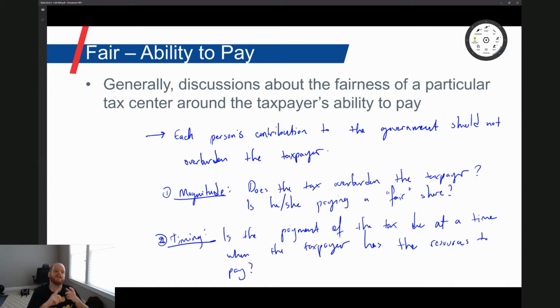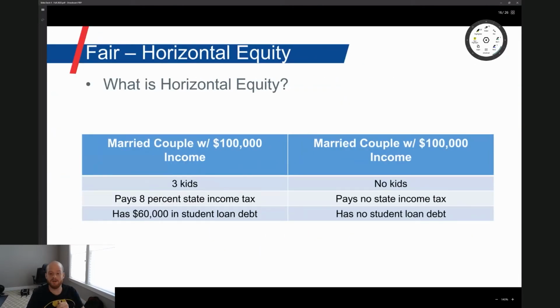Now, we said that a fair tax should take ability to pay into consideration. It should promote horizontal equity as well as vertical equity. So what is horizontal equity?